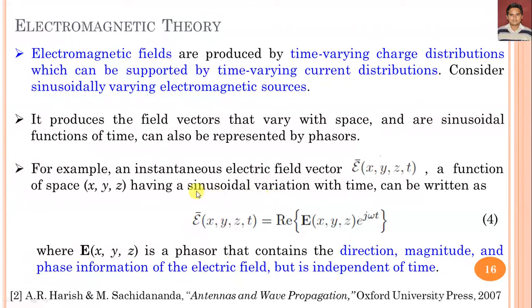This is the instantaneous electric field vector equation, given as expression 4. It contains the direction, magnitude and phase information of the electric field, but it is independent of time.